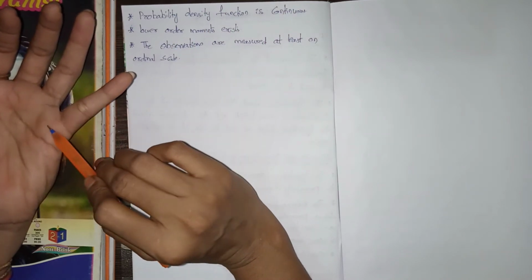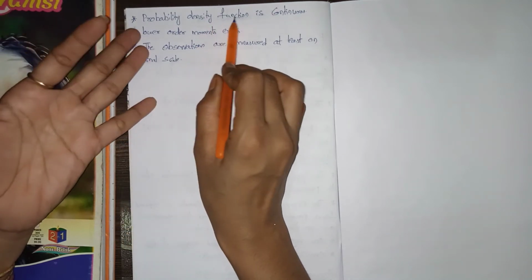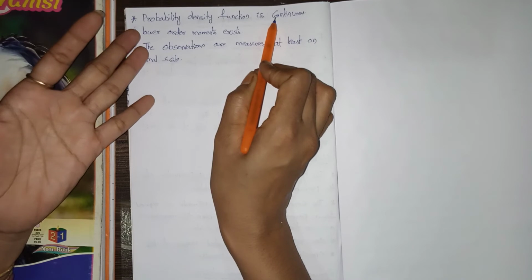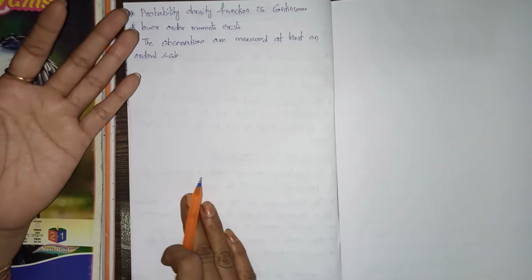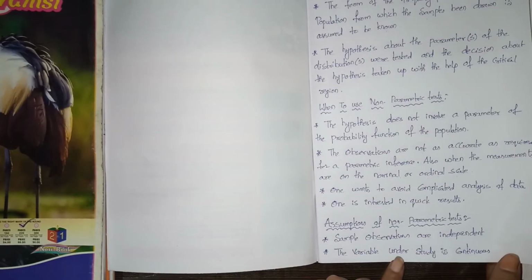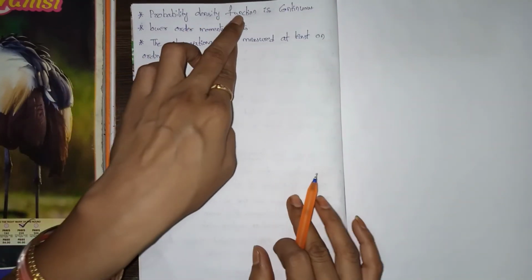The mass function is used for discrete series, and the density function is used for continuous series. Why do we use this? Because in the second point, the variable under study is continuous. So that's why we use the probability density function here.